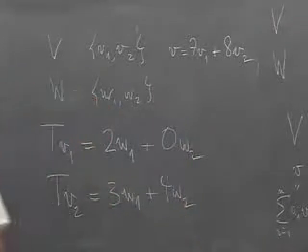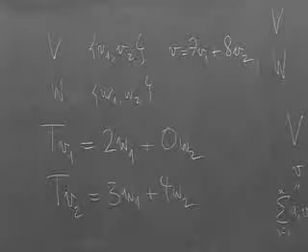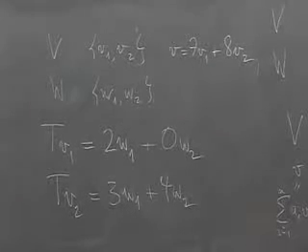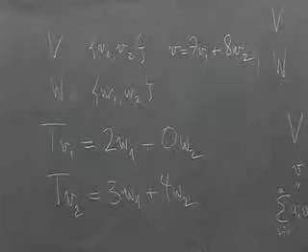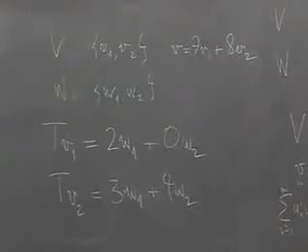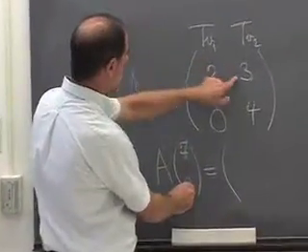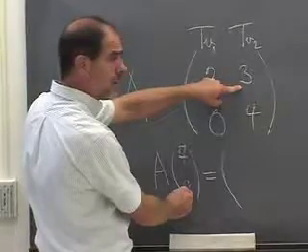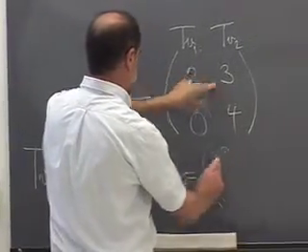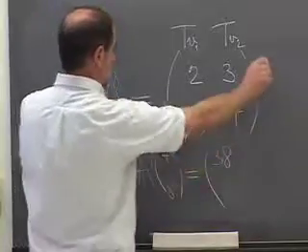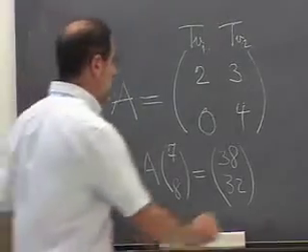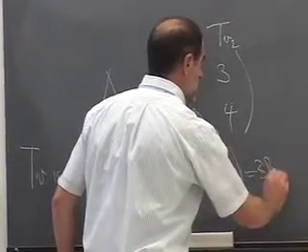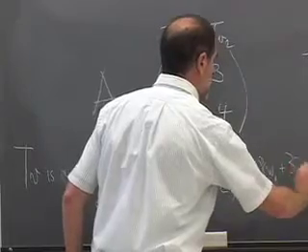But I could also do the matrix multiplication. T of v is given by the matrix A times the column vector 7, 8, which is equal to the column vector 14 plus 24, 0 plus 32, that is 38, 32. Which means that T of v is equal to 38w1 plus 32w2.